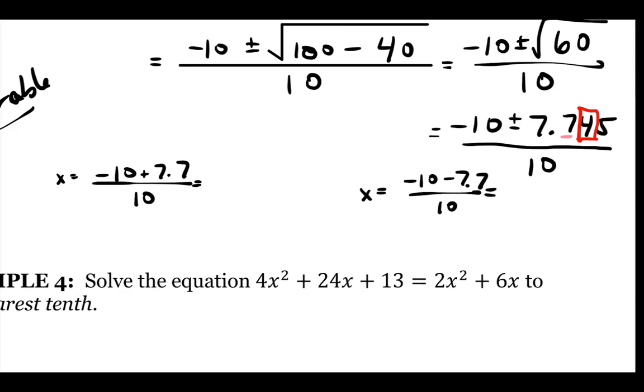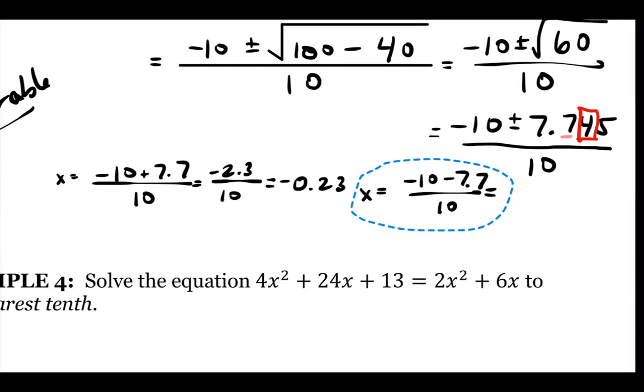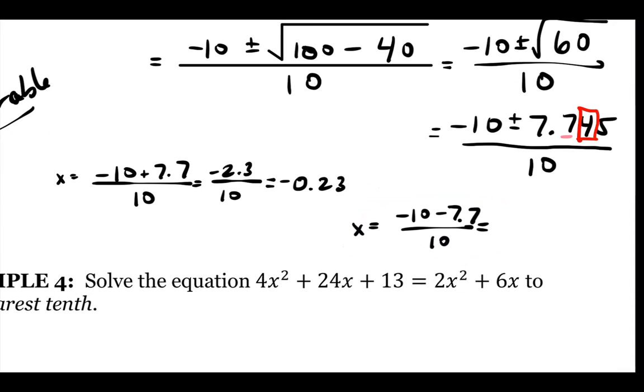So in my calculator, I'm going to do -10 plus 7.7. I get -2.3 divided by 10. I get -0.23. Over here, I get -17.7 divided by 10.